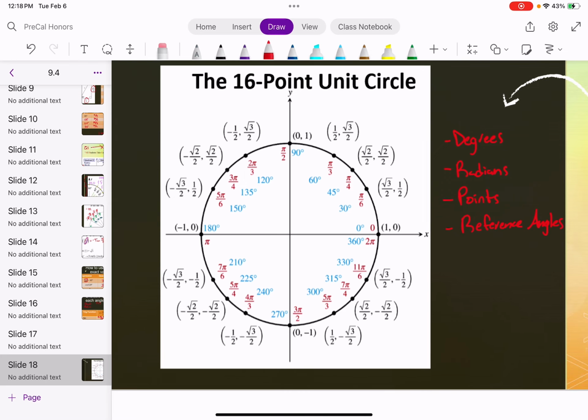Keep in mind they will always be positive for your reference angles, and be familiar with all of your different trig functions as far as what those equations equal out to. Hopefully this helps.